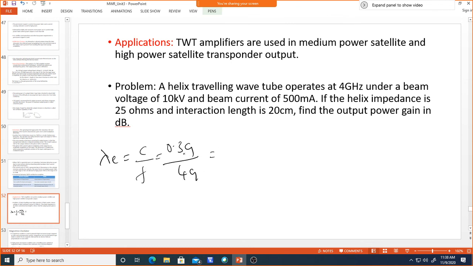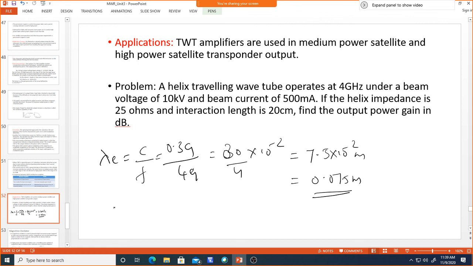So we take 30 into 10 power minus 2 divided by 4, which gives 7.5 into 10 power minus 2 meters, which is 0.075 meters.